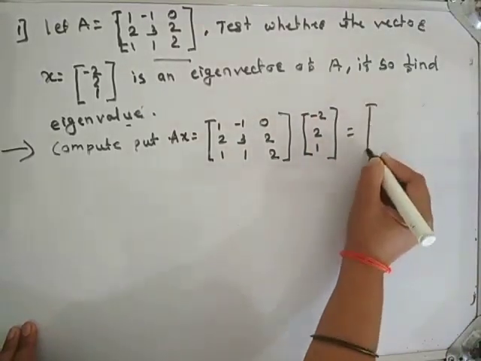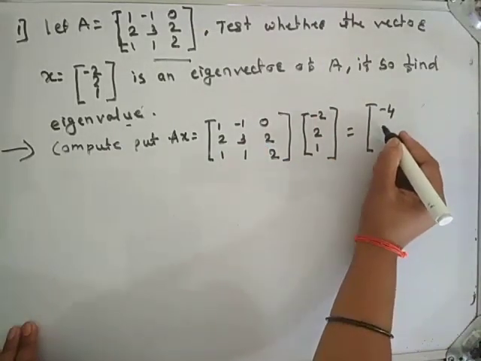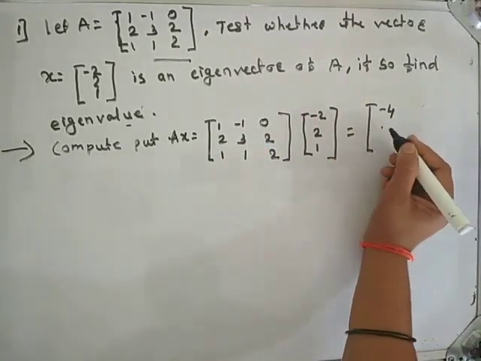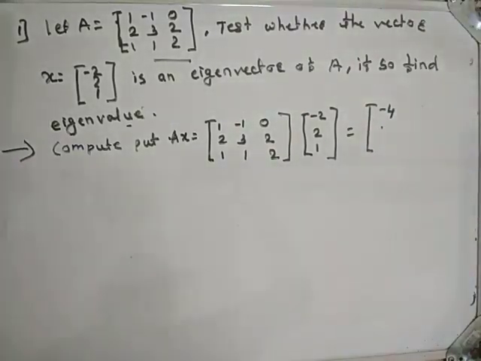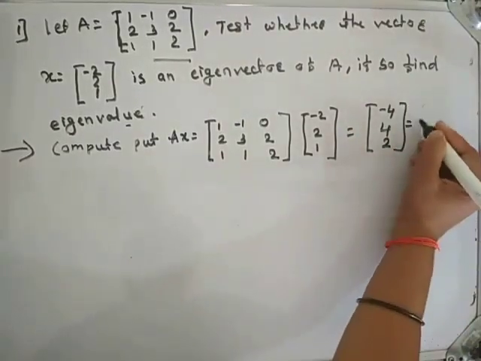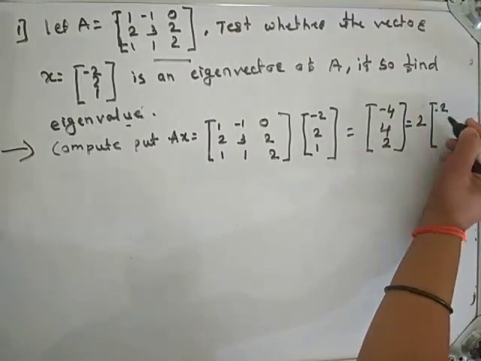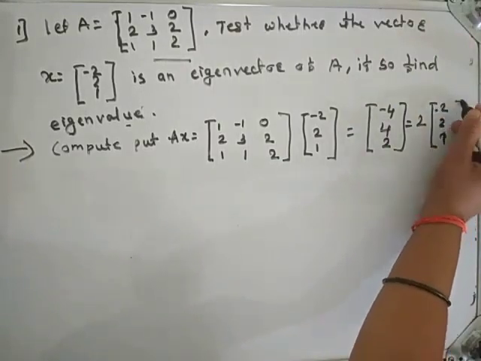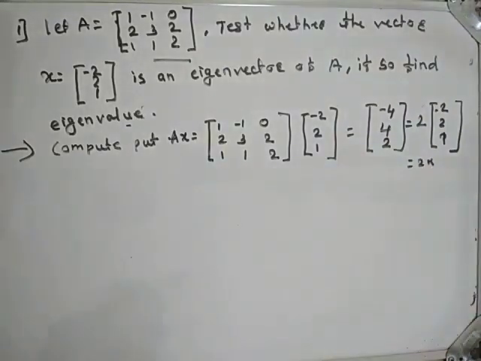This is nothing but (-4, 4, 2). This can be written as 2 into (-2, 2, 1), so this can be written as 2 into x.